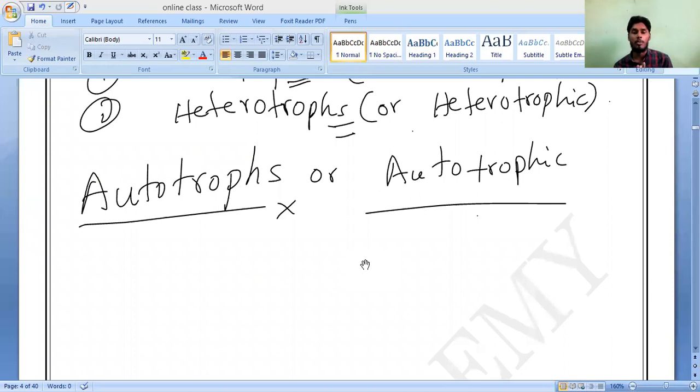Organisms that can make food themselves from simple substances like carbon dioxide and water by the process of photosynthesis are called autotrophs. They take carbon dioxide from the surroundings and water from the ground, and in the presence of sunlight they produce their own food by photosynthesis. This is called the autotrophic mode of nutrition. Do you understand?